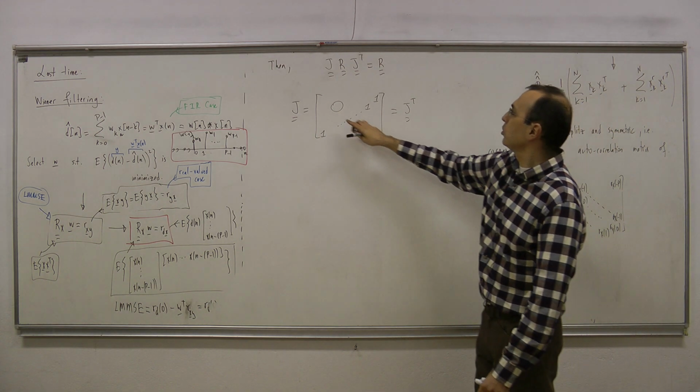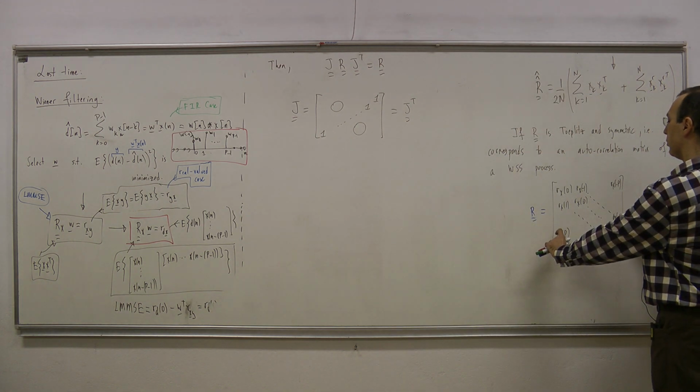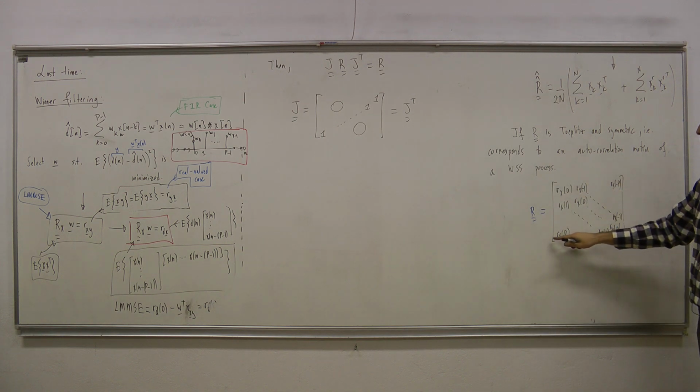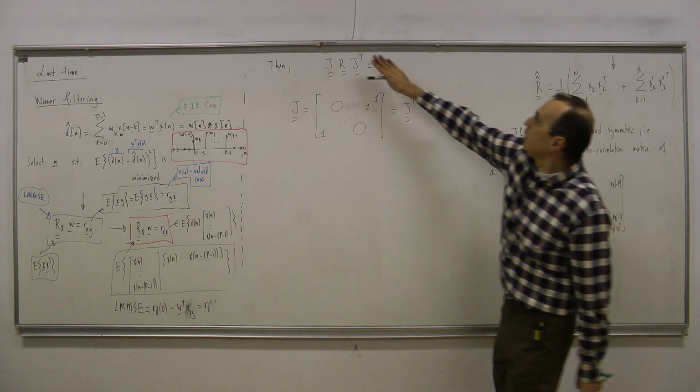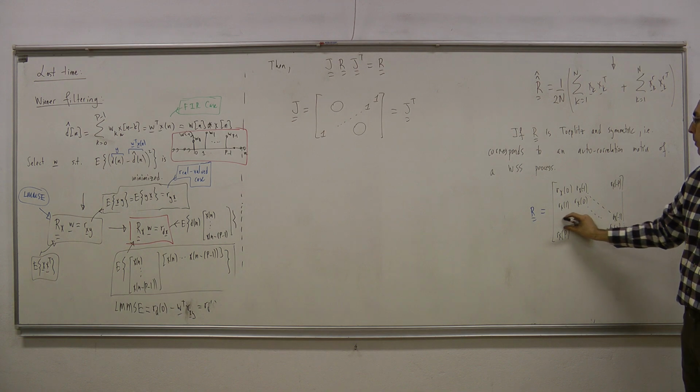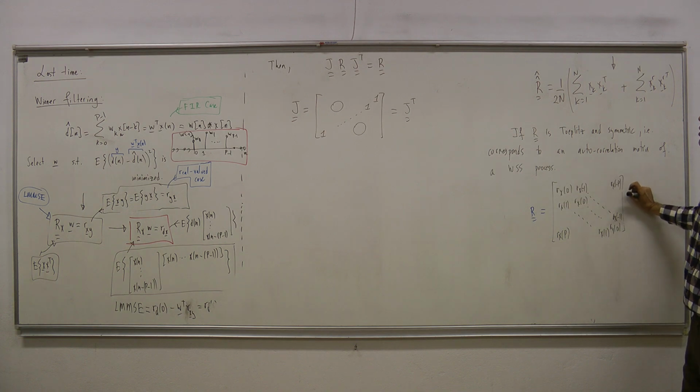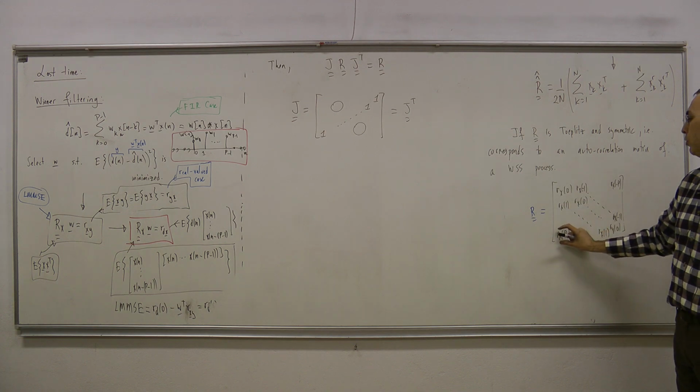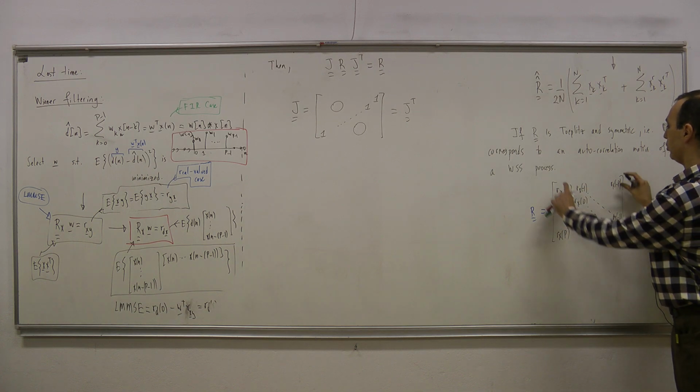So I am putting these rows in the opposite order. Last row becomes the first row, and so on. So this becomes your first row, this becomes your second row, this becomes your last row. So this one is moved to the top.